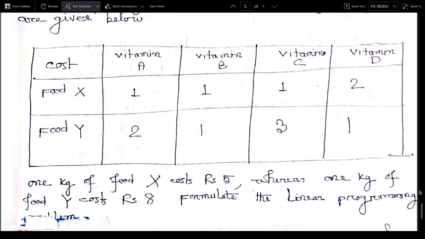Then which region? See, which variable is greater? Y variable is greater than x, then the region will be on the y axis side. You will shade the region on the y axis side. If x is greater than y, then your region will be on the x axis side. So you will remember it this way.